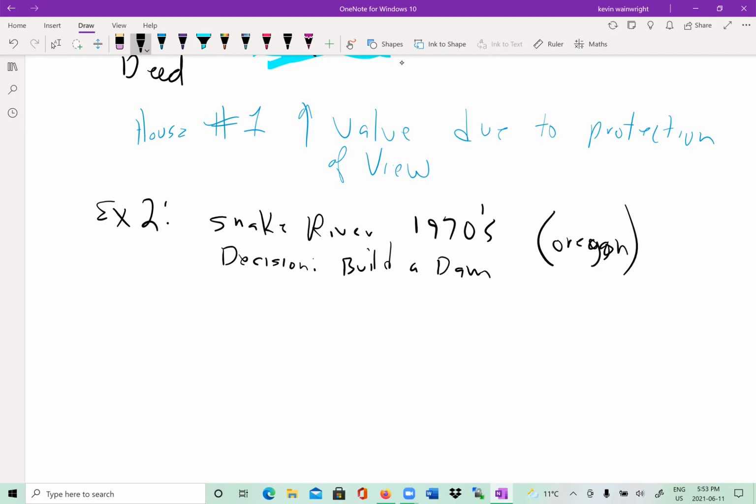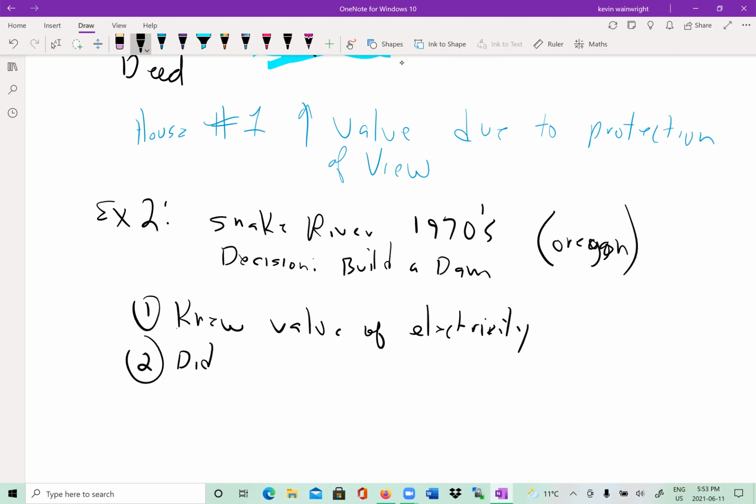Okay, so they knew the value of the electricity that would come from the dam. They did not know the value of Snake River as recreation.